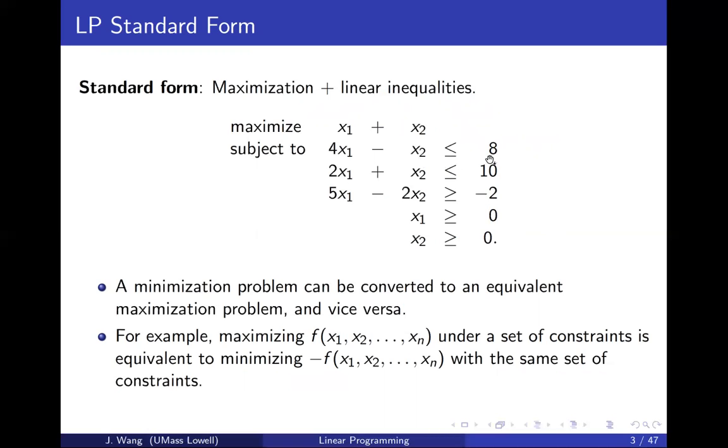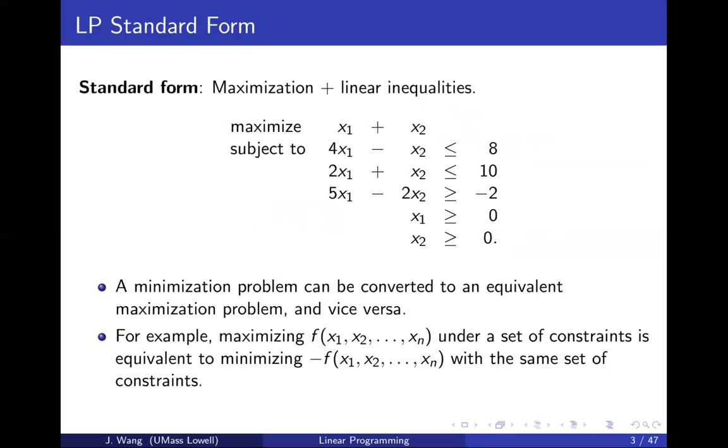So the first constraint is 4x1 minus x2 less than or equal to 8. The second constraint is 2x1 plus x2 is less than or equal to 10. And the third is 5x1 minus 2x2 is greater than or equal to negative 2.